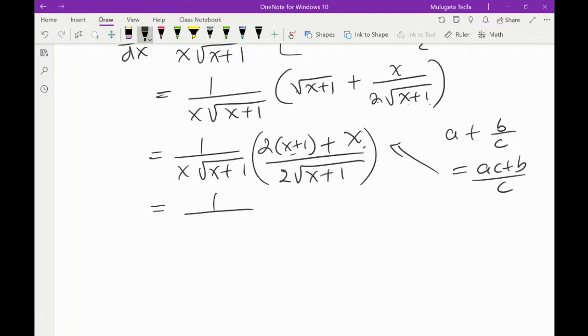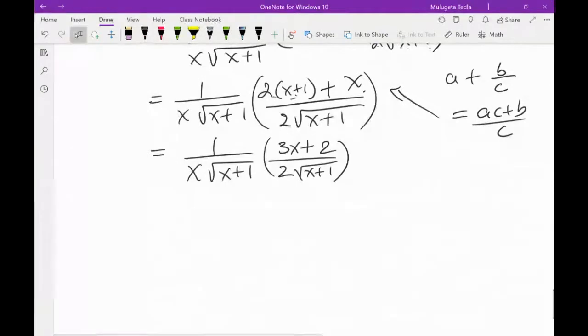Then I will simplify 1 over x root of x plus 1. Okay, and in this one, 2x plus 2 plus x is 3x plus 2 over 2 root of x plus 1. All right, because this is 2x plus 2, right? When you add it with x, it becomes 3x plus 2.